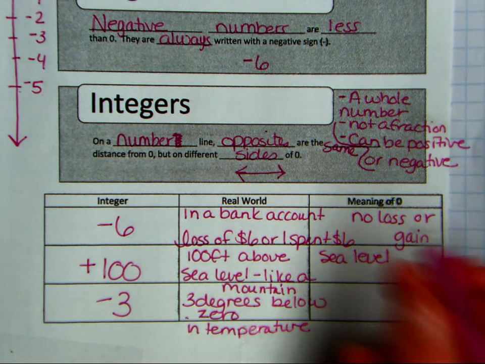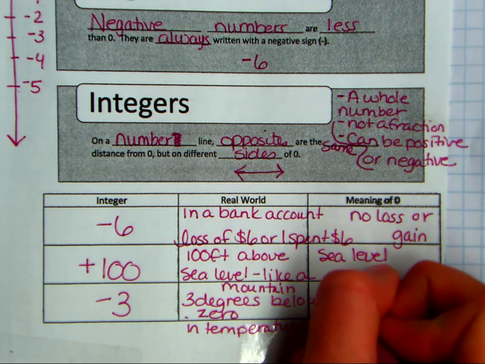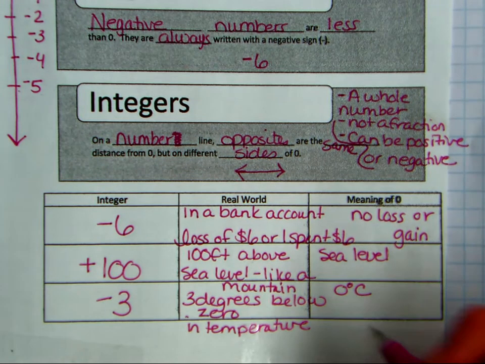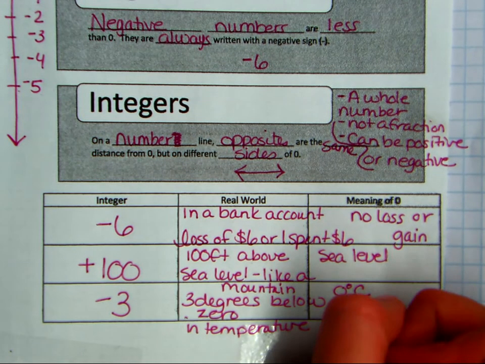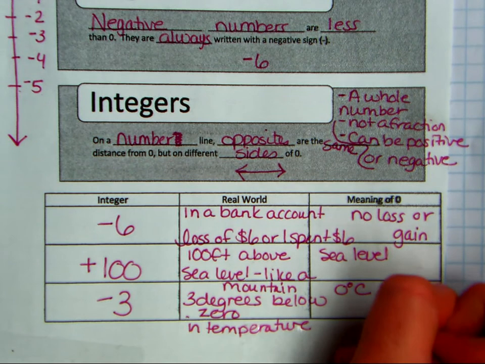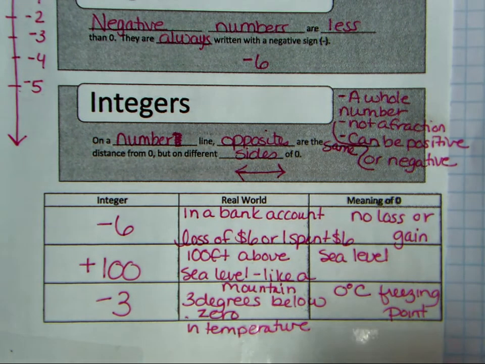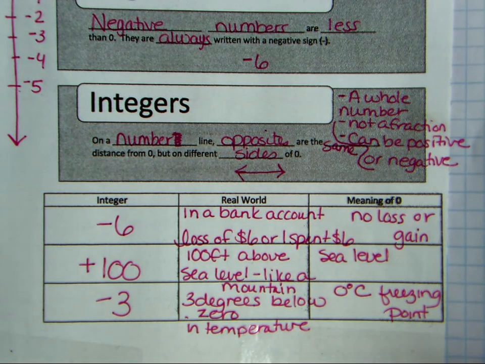So the meaning of 0 here would be 0 degrees Celsius. And anything below that point would be below the freezing point. So this would be the freezing point, and anything below that would be below freezing. When we added salt, we actually got a temperature below freezing. And as it gets warm, you're then looking at above the freezing point. So those are some good examples of how we see integers used in real life.